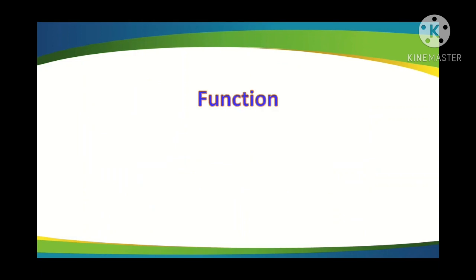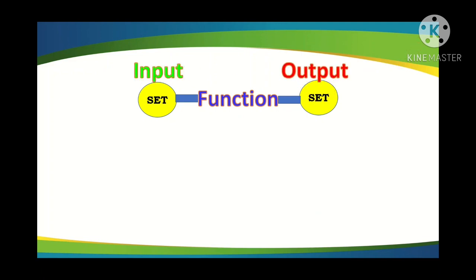A set is just a collection of things, and a function relates one set to another set. But how exactly does it do that? Well, to understand how a function works, it will help to start naming the two sets, that is input set and output set. A function takes each value in the input set and relates or maps it to a value of the output set.